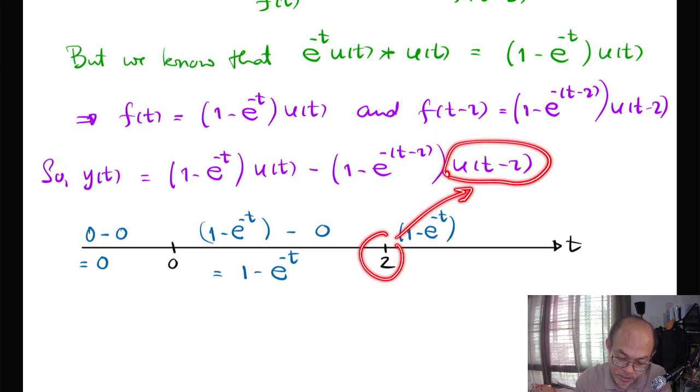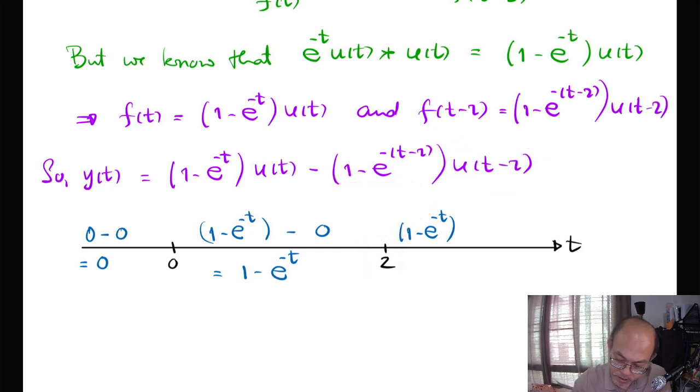So we have minus 1 minus e to the minus t minus 2. So we have e to the minus t, and then e to the second minus 1.